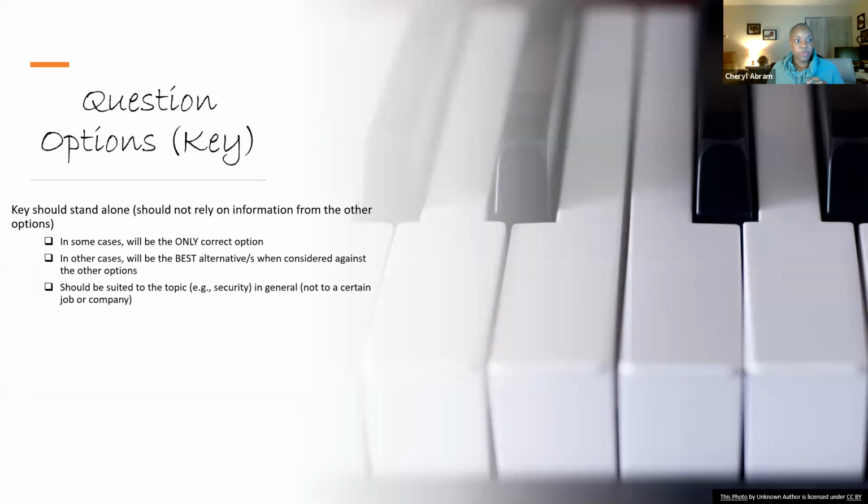Now we're going to get to the key, or the answer. The key should stand alone. In some cases, it will be the only correct answer. In some, it'll be the best of all the other alternatives. Or it'll be several bests, when you have to pick 2 answers, pick 3 answers, that kind of thing.